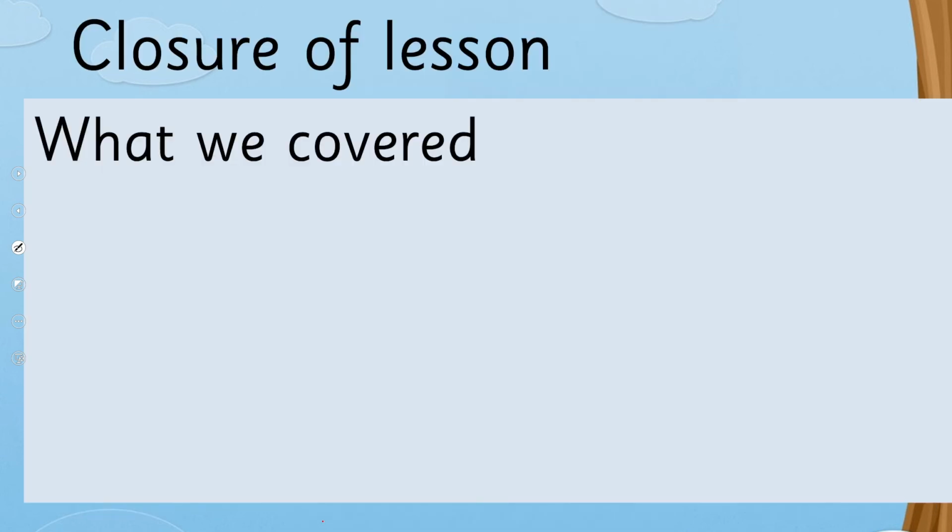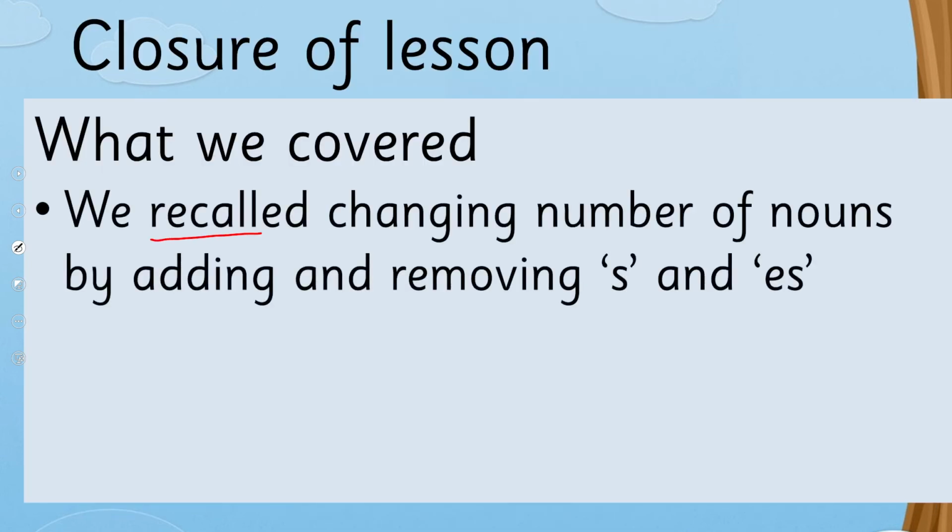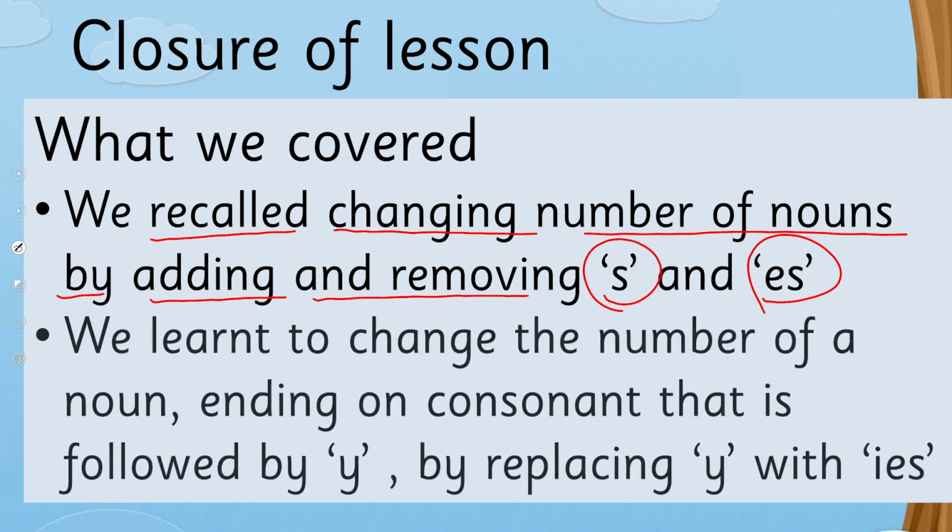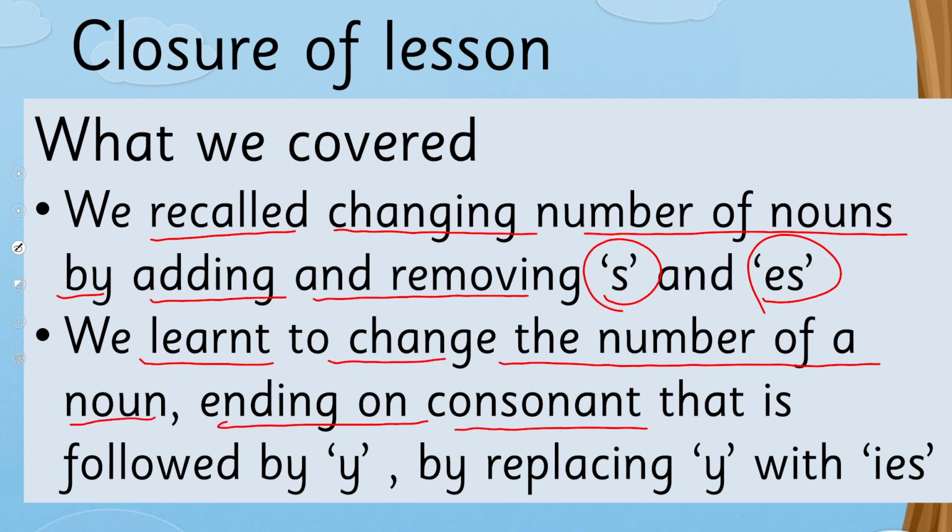So what we have learned today, we recalled changing the number of nouns by adding and removing S or ES, and we learned to change the number of a noun ending in a consonant followed by Y by replacing Y with IES.